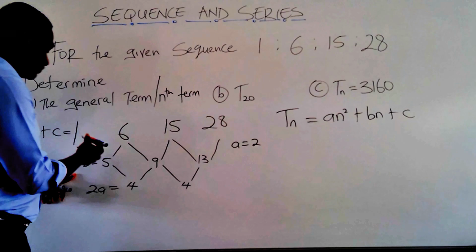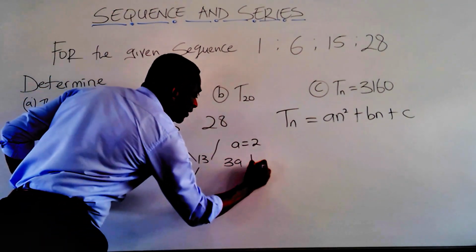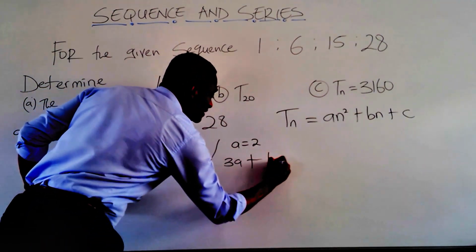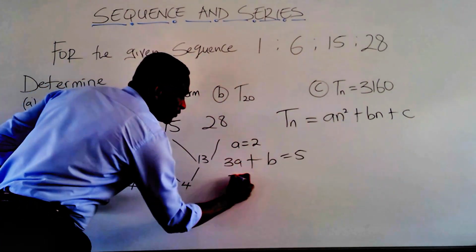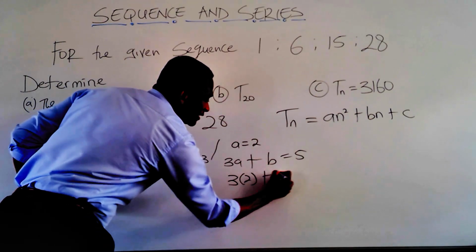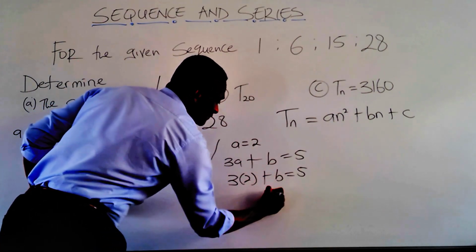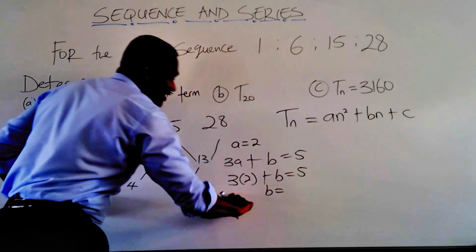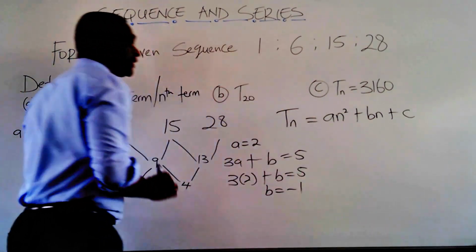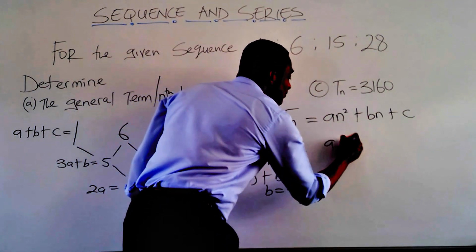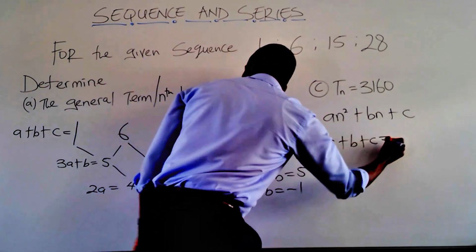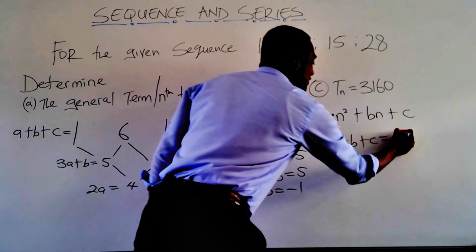Then remember 3a + b is equal to 5. If we substitute 2, we have 3 times 2 + b is equal to 5. That means b will be 5 minus 6, which is -1. Then the last one, we have that a + b + c is equal to the first term of the sequence.